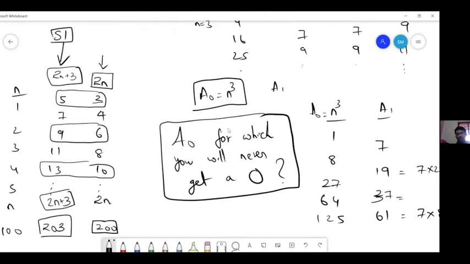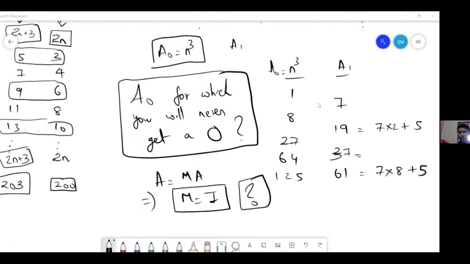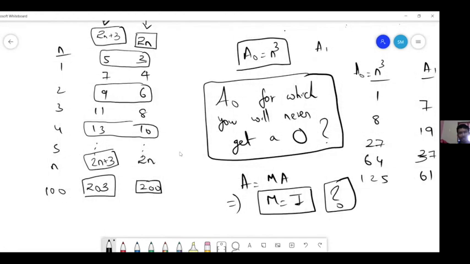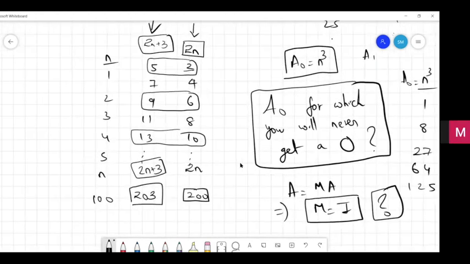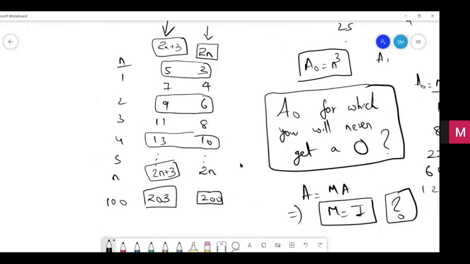Shiv, the difference between the cubes, the formula is 3n into n plus 1 plus 1. Wow. Very nice. Okay. So considering that for the cube sequence, the A1 is nothing but a square sequence, I mean a quadratic sequence.